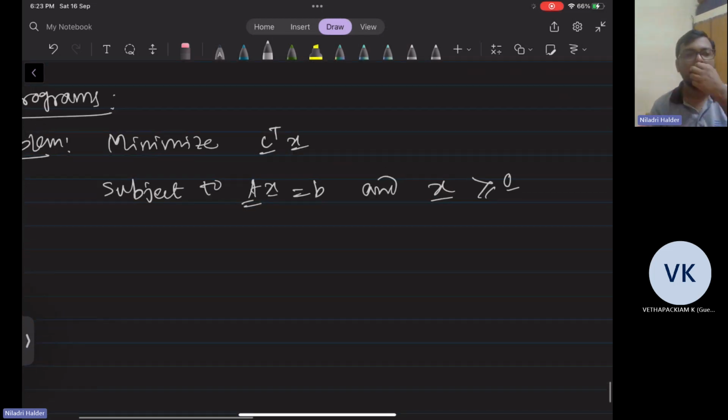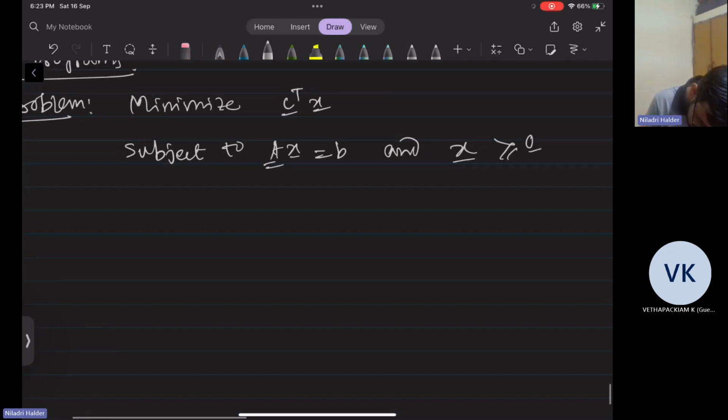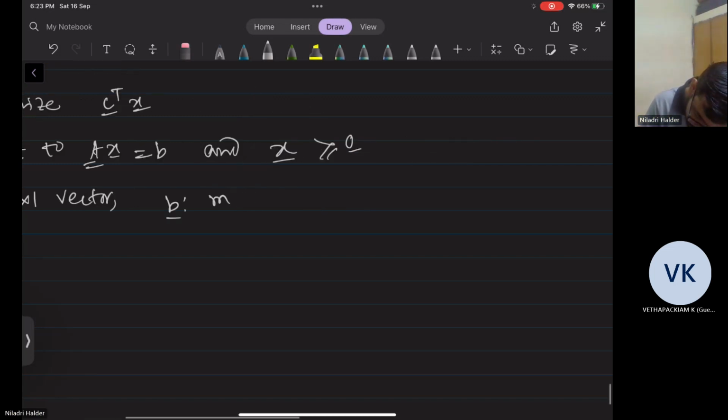So this is the problem. Here x is an n cross 1 vector, b is an m cross 1 vector, and A is a matrix of dimension m cross n.